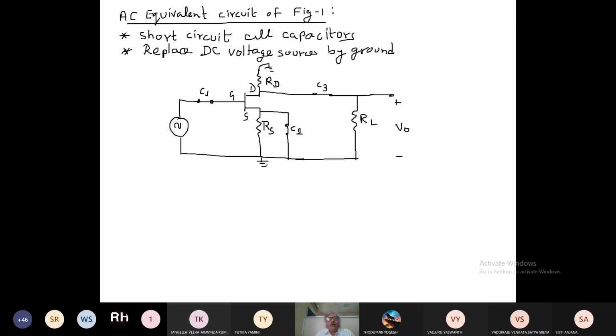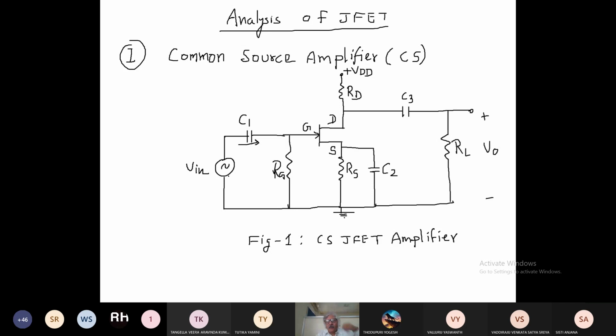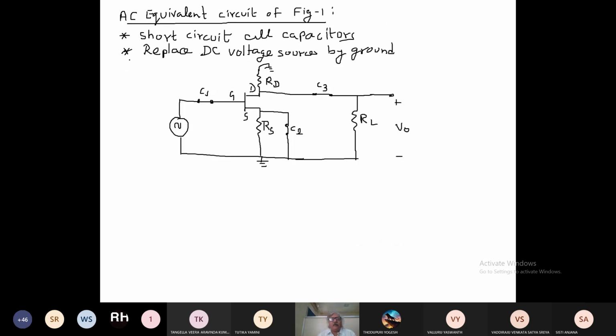In this way, you will get this circuit. Yeah, RG is also there. There is RG. This is figure 2.